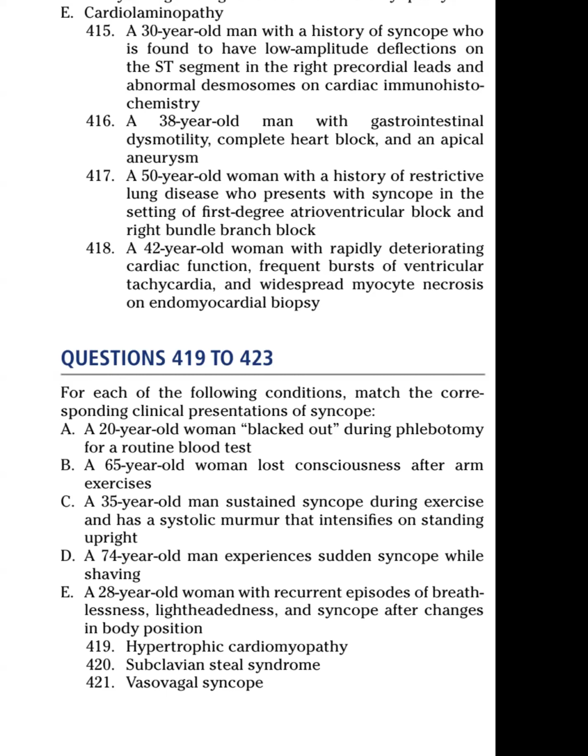And then usually it is associated with what is called arm exercises or activity that involves using the arm. And that will further cause some narrowing or stenosis in the already stenosed subclavian artery. So the best option for 420 is actually option B.